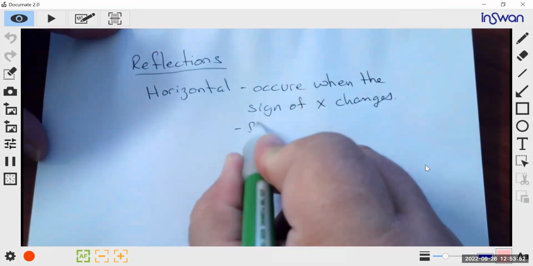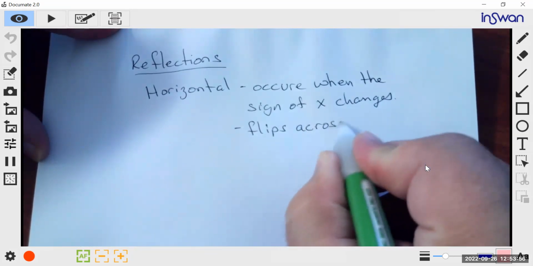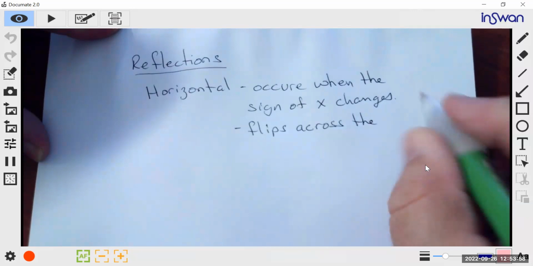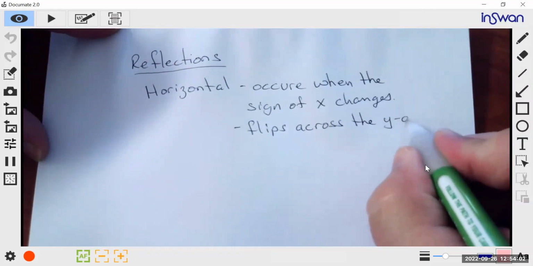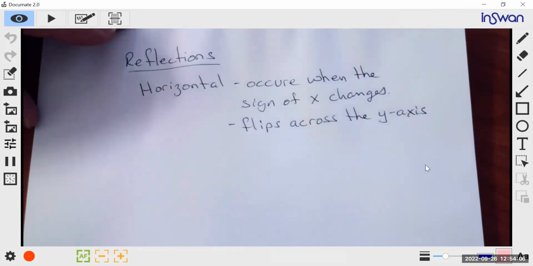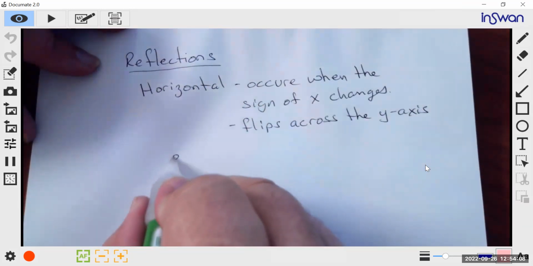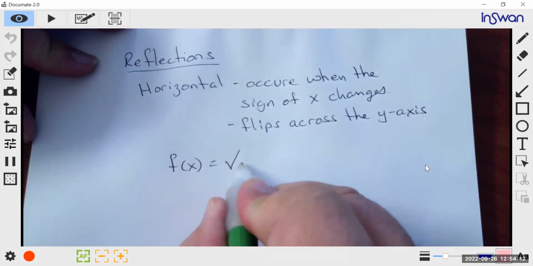It flips across which axis? The y, very good. The easiest one to see here is with the square root.